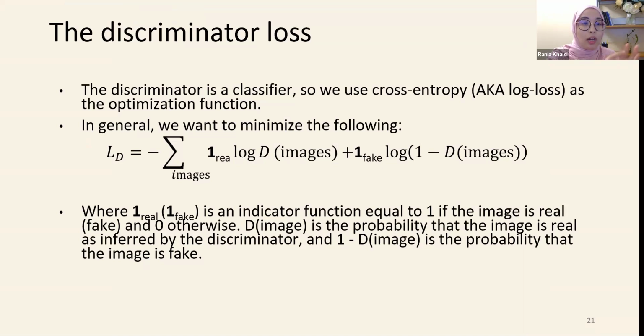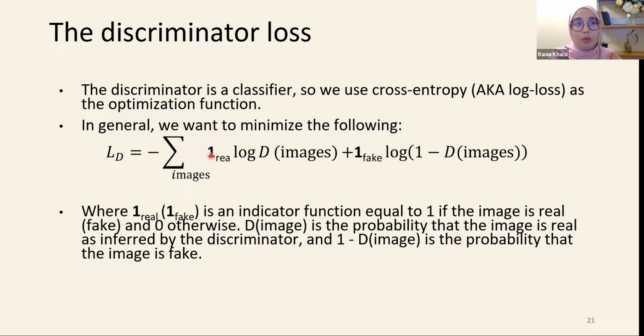As we mentioned previously, the discriminator is a classifier, and for the classifier we are going to use cross-entropy as the optimization function. In general, what we want to minimize is the following. The indicator function 1 real is equal to 1 if the image is real.